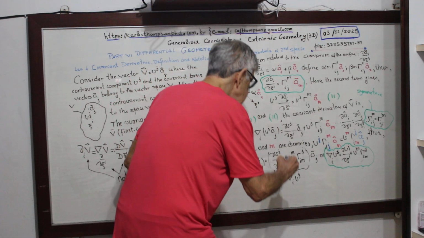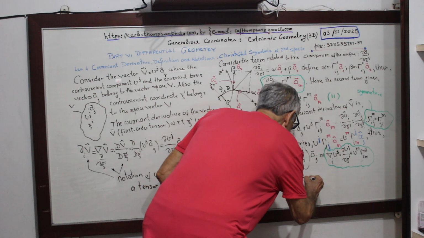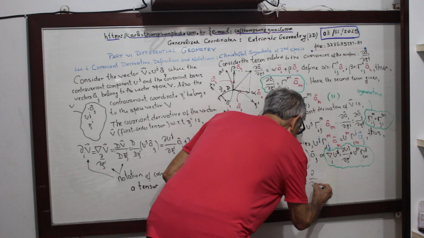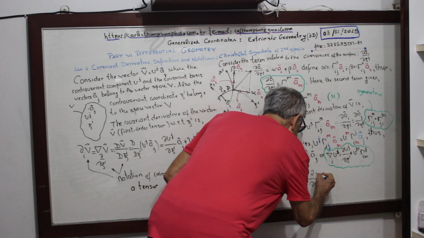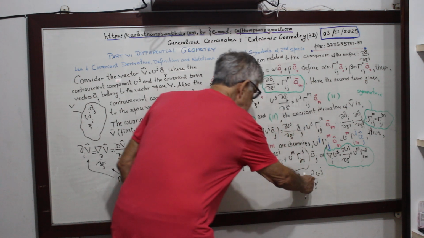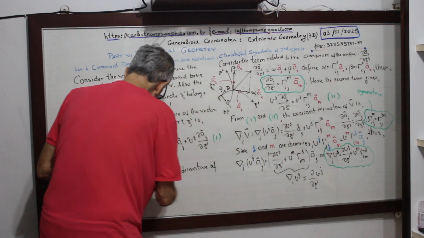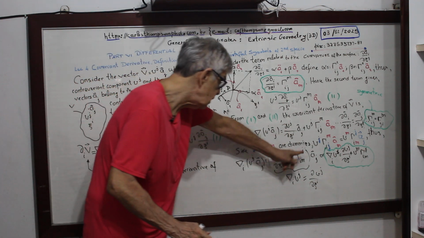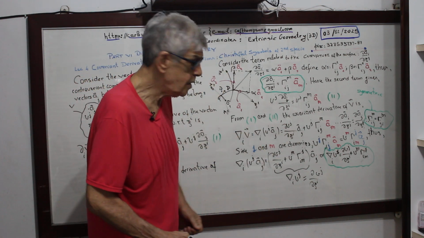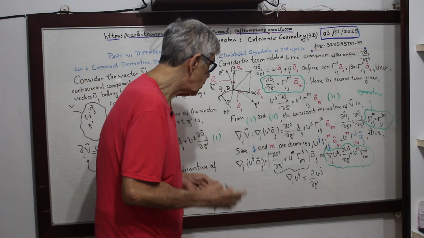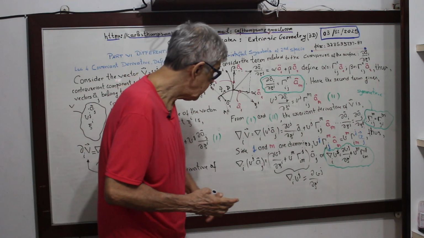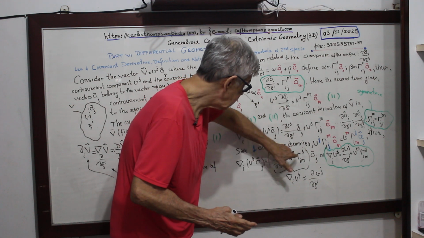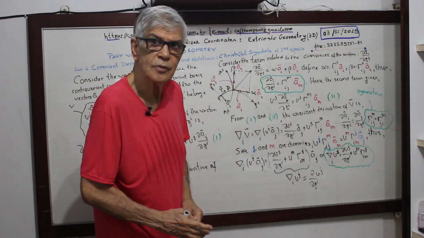And don't forget, this is the same as this, partial Ci Vj. You see this notation over here is the same notation over here, okay? So here are the components of the covariant derivative, which we can represent as two different terms, okay?